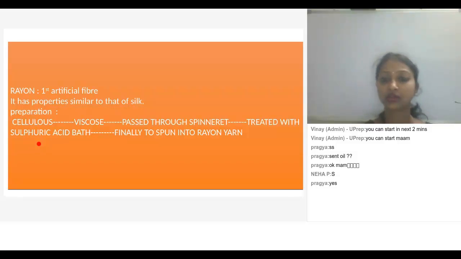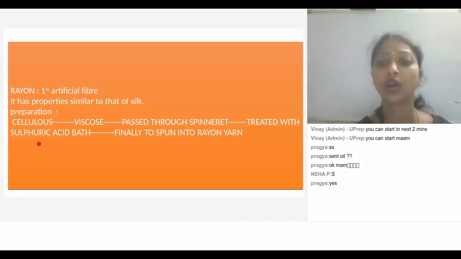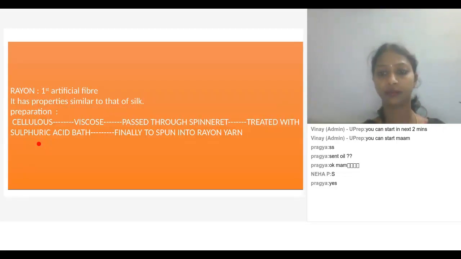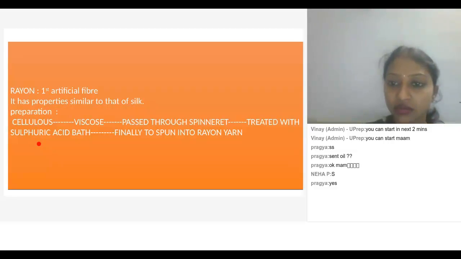We cook and eat them, or otherwise boil them and eat. Why? Because cellulose cannot be digested by man. Yes, ma'am. Understood? Cellulose is a plant product inside the plant.